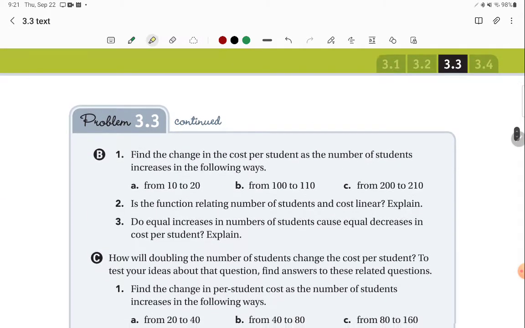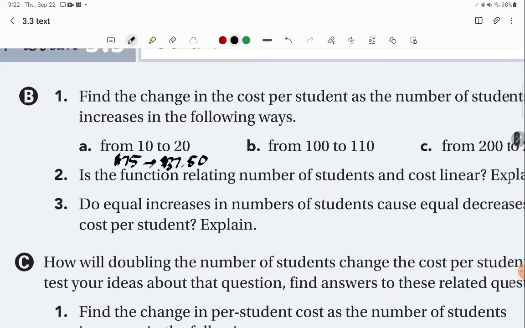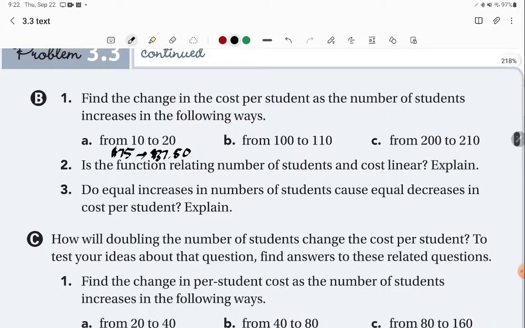So it'd be 750 divided by 10, and that's where we would get that it's 75. And then divided by 20, that is 37.50. And then you're finding the change in between those. So when it changes from 75 to 37.50, what is that change? Okay, go ahead and try letter B, 1, 2, and 3 on your own, and then come back to the video.